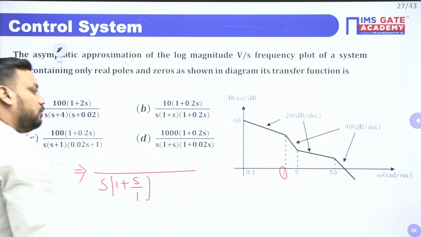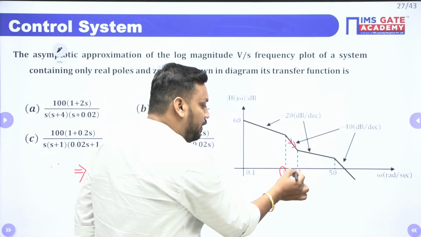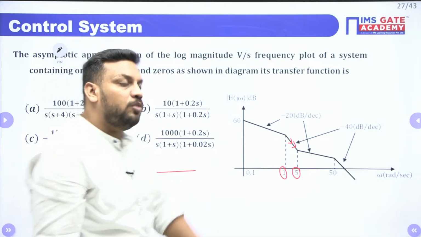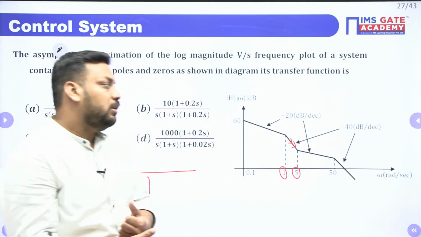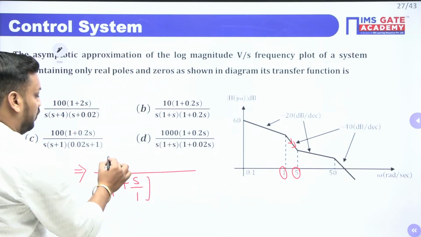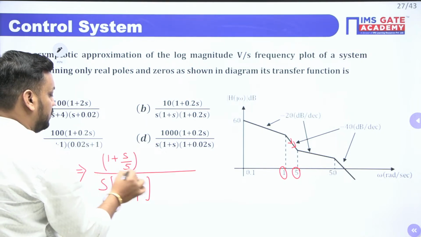Now you are traveling here. As soon as the corner frequency 5 comes, there will be a contribution of +20 slope. +20 means we are having one zero at frequency 5. It means 1 plus S by 5.